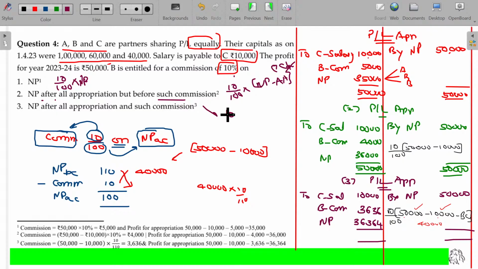In this case, 10 divided by 110 means commission divided by 100 plus commission into net profit minus all appropriation except commission appropriation. So that's how we can simply mug up this so that you can finish the calculation fast. Understand the logic and then try to solve the illustration a bit faster this way. Is that clear? Yes, come on, make note of it.